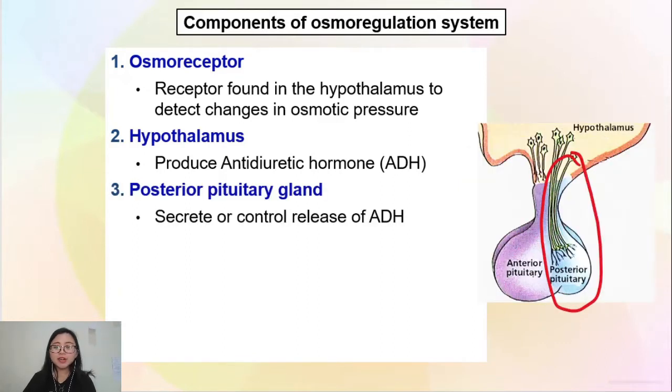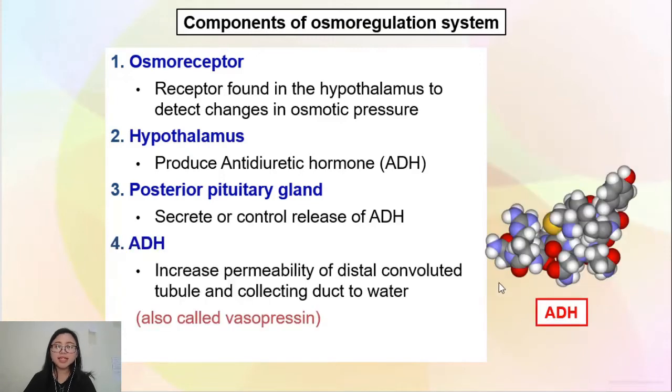And the posterior pituitary gland in the brain will secrete or control the release of ADH. So ini sel ini yang akan detect, lepas tu hasilkan hormon tu. Dan yang tolong kasih keluar adalah posterior pituitary gland.